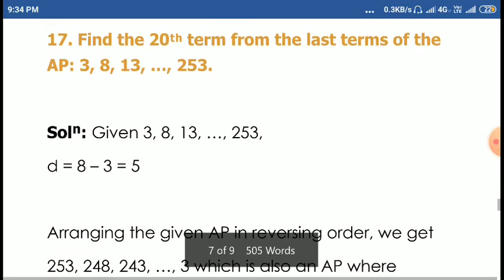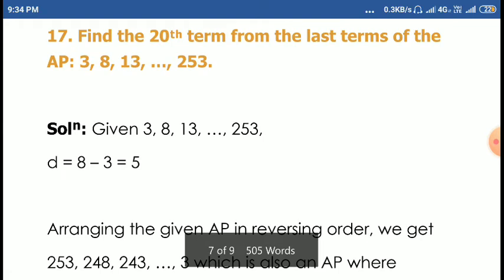What is given here? First of all, we write the arithmetic progression. The numbers are 3, 8, 13, and so on, up to 253. These are in AP, since the numbers are in ascending order and increasing by 5.